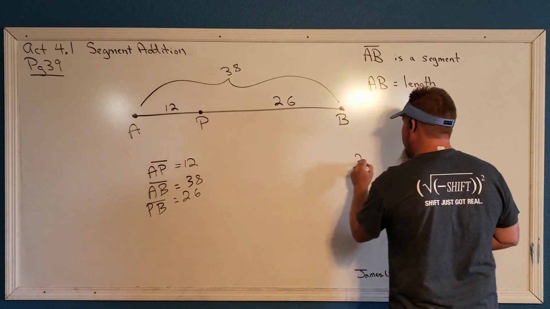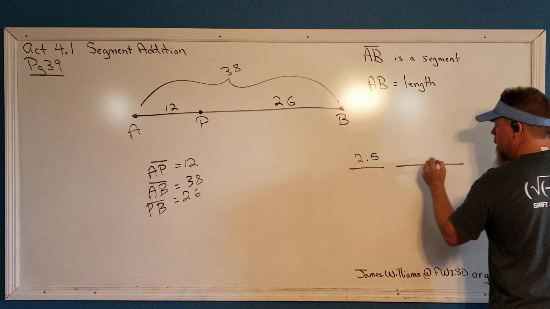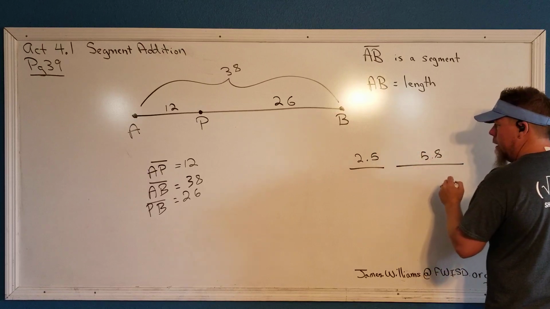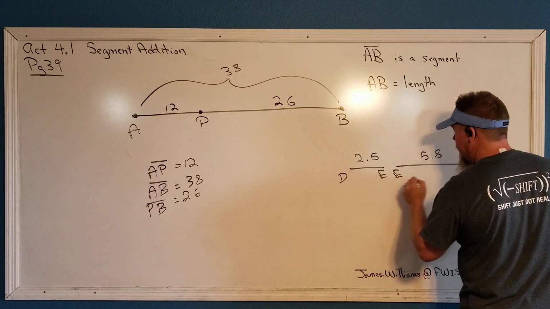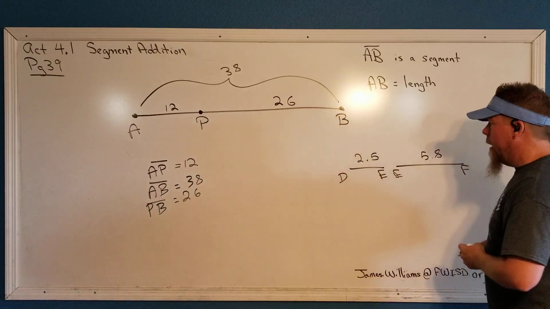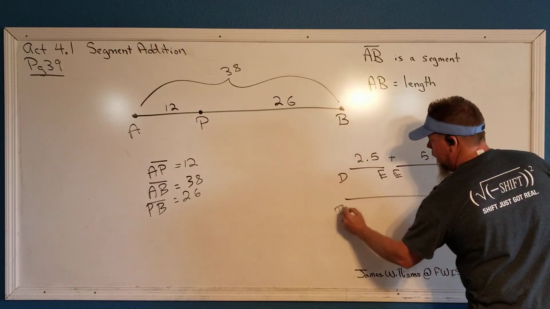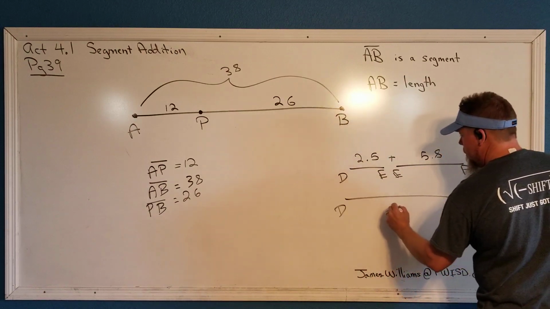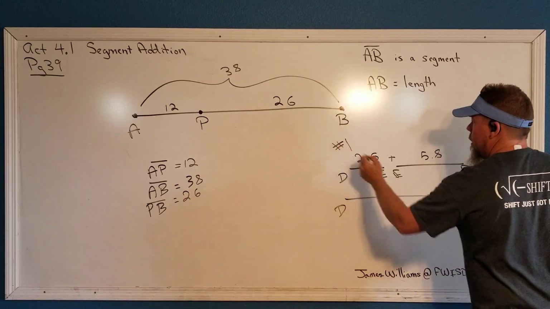So I had 2.5 for the short part, and then another longer part that was 5.8. All right, this was D to E, and this was E to F. Okay, and it turns out when I put those two things together, I get DF, which would be 8.3. Okay, and that is number 1 on page 39.